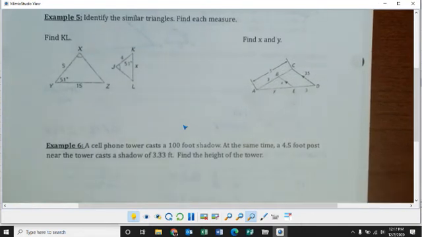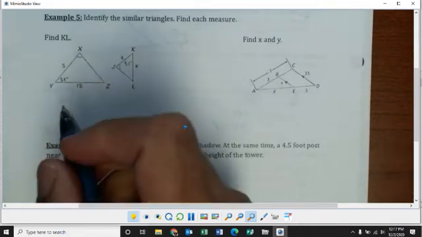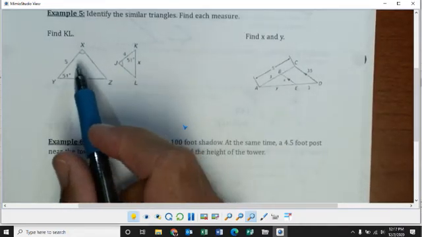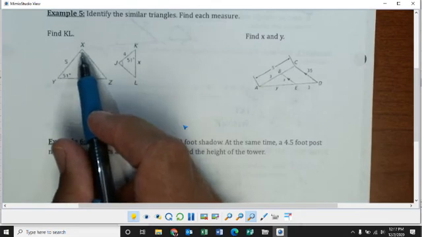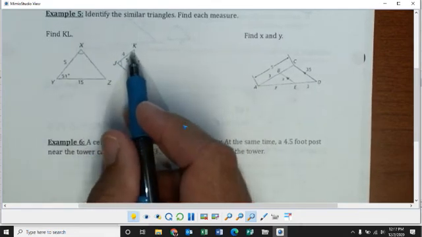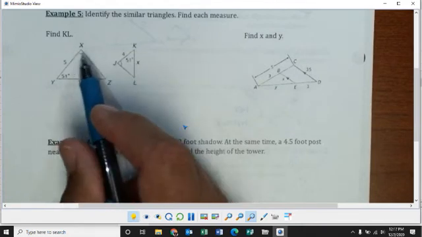Example 5. We want to identify what the similar triangle is here, and then say, can we solve problems based on the similar triangle? So let's see. If I've got 51 and some congruent angle here, this is 51 up here, and this angle is congruent to that one.